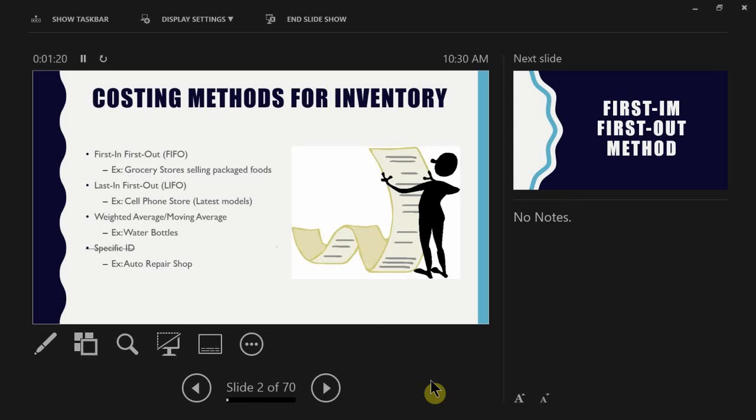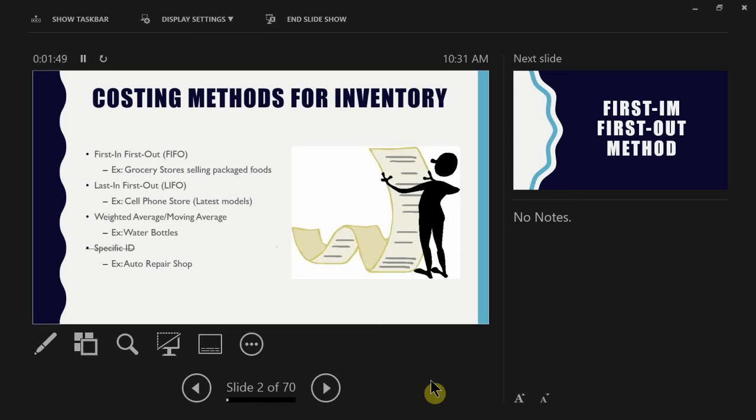And of course, moving average is when you're constantly purchasing and constantly selling. So any natural resources such as water, right? A staple where you don't care what batch came first, because in this case, it has a long shelf life. Especially for water bottles, you can keep them for a long, long time. It doesn't matter what came first, what came last.